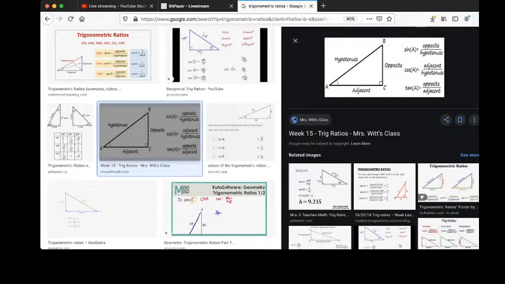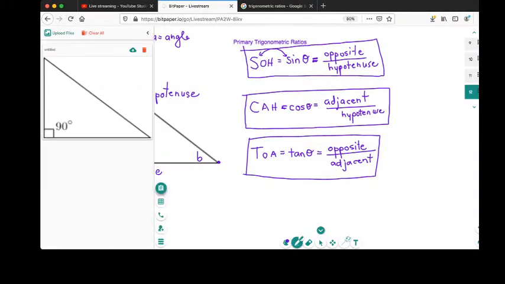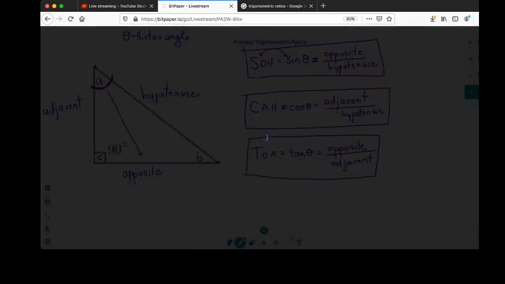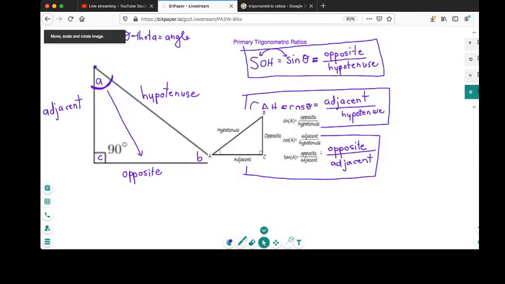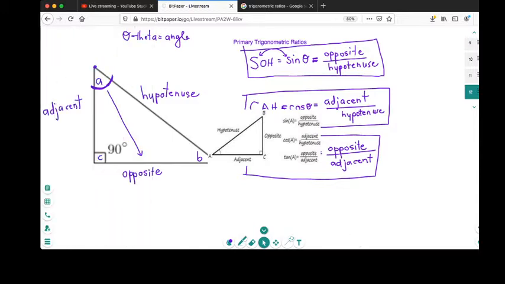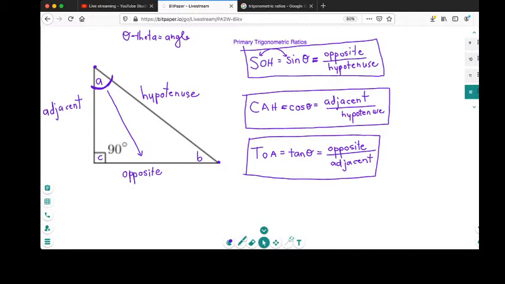Alrighty, guys. So, just so that we can have them available to us at all times. Now, let's go ahead and use this information to our advantage.